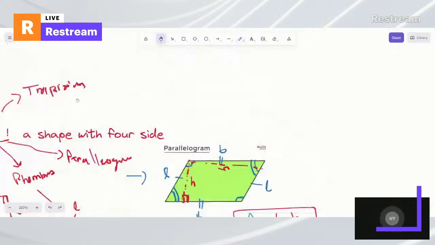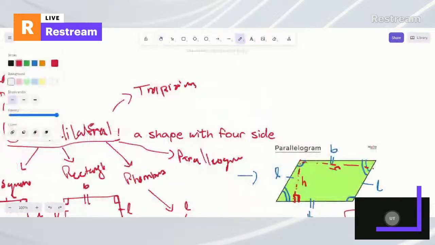Now, most of you don't know what a trapezium is. In my experience, a lot of you struggle with trapezium.